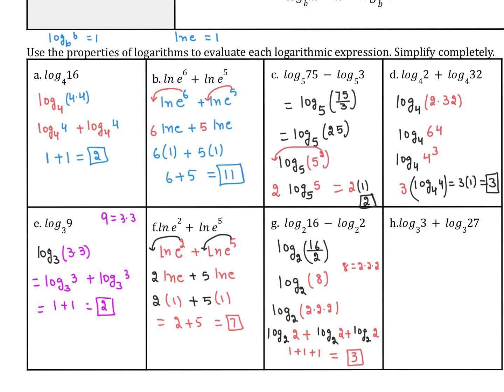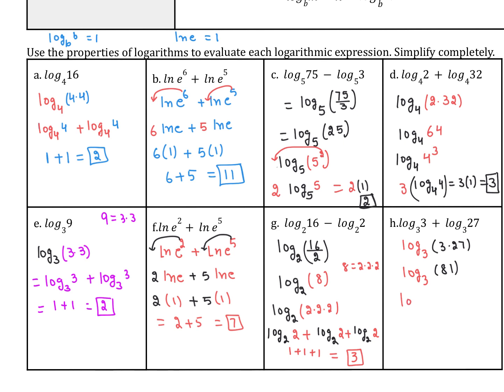Next is letter H, where we're going to apply the product property, which means that you're going to turn this addition into multiplication. You get log base 3 of something times 27. So the addition turns into multiplication. What we got here is log base 3 of 81. Now you can write 81 as 3 to the power 4.